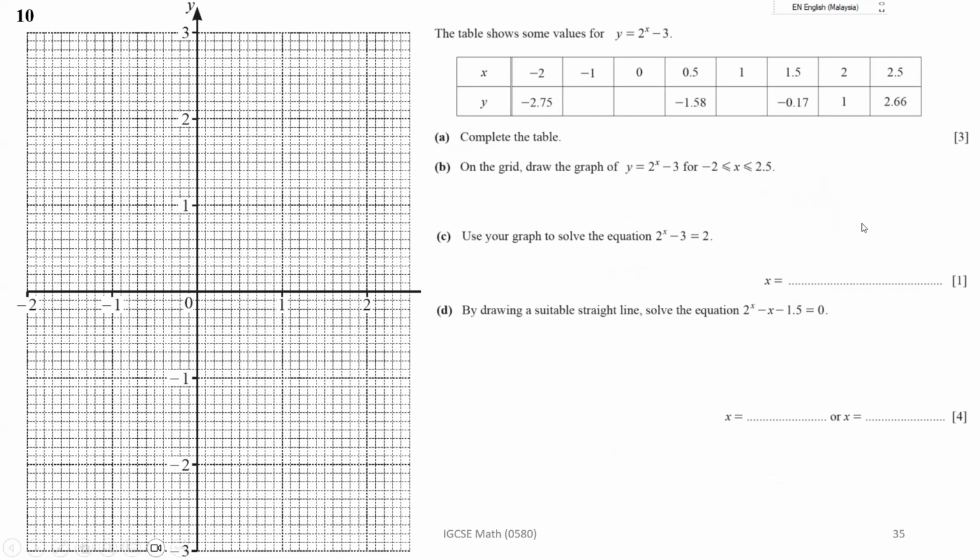Question 10. Complete the table. The table shows some values for y equal to 2 to the power x minus 3. So you just substitute the value. For this one, when x equal to 1, y equal to 2 to the power 1 minus 3.